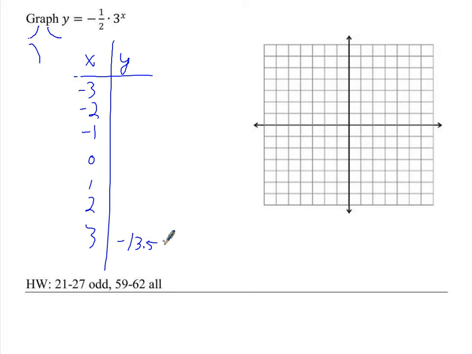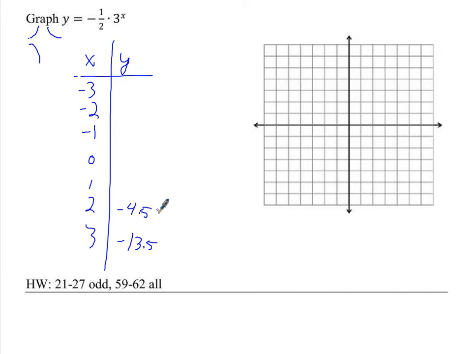Okay, I plug 2 in. What do I get? Well, 3 squared would be 9 times negative 1/2. What do we get? Negative 4.5. Negative 9/2 would be the exact answer there.